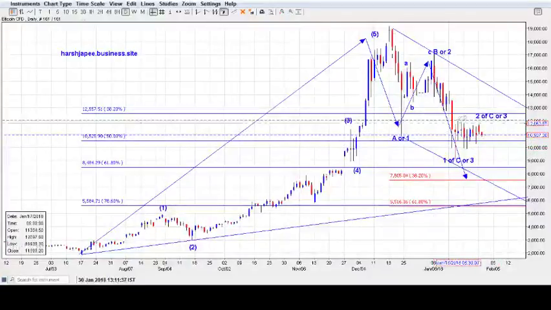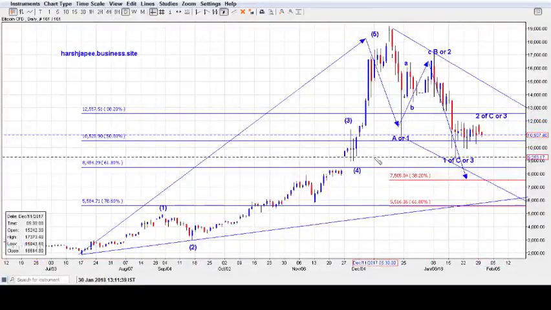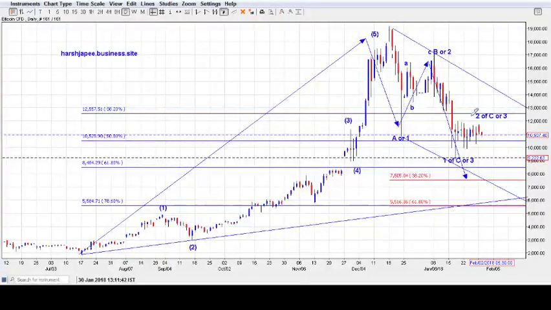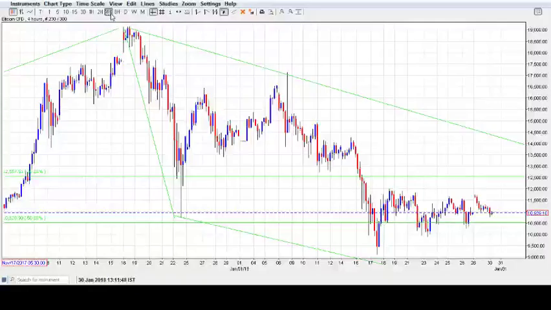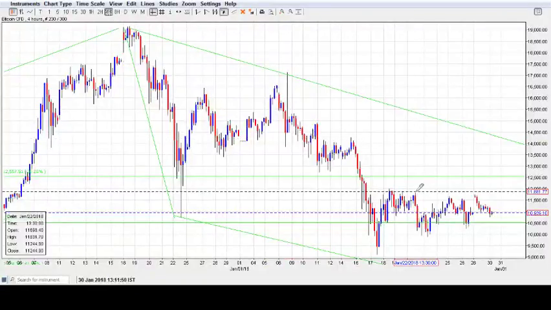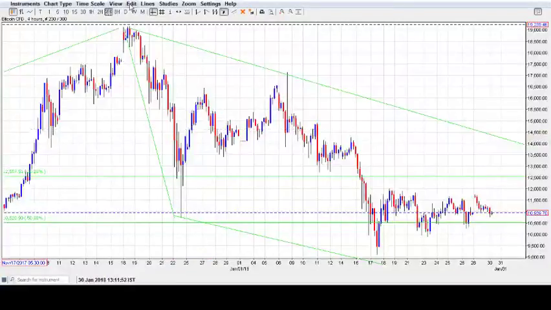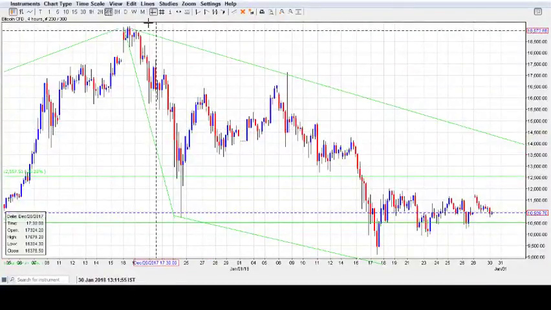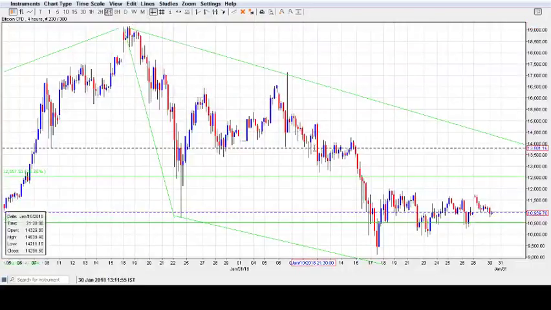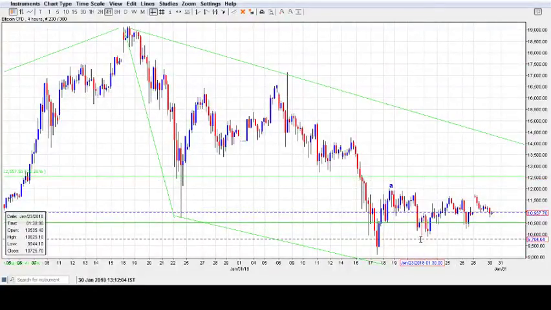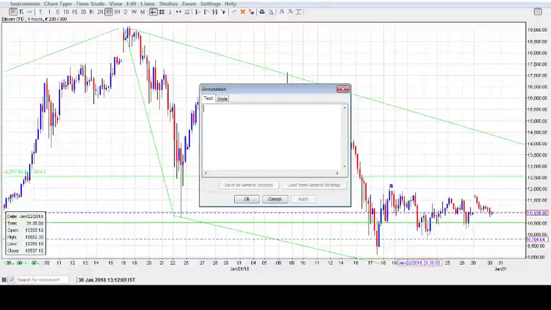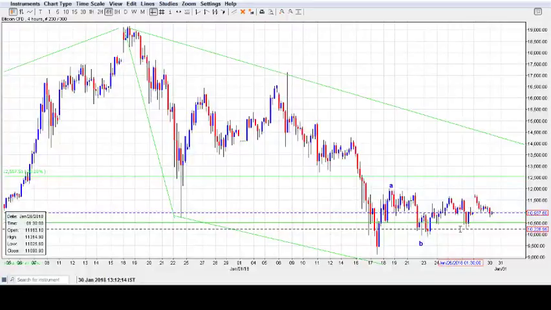If you may allow me to explain what is going on here, the recent sideways activity, this is what the chart is showing us. Could be a neat little triangle, a neat little triangle which could be forming right now.